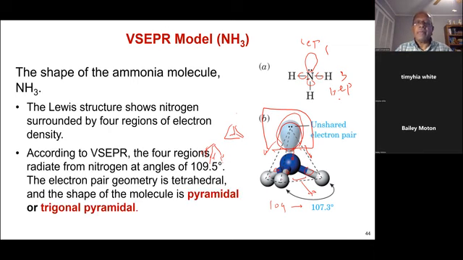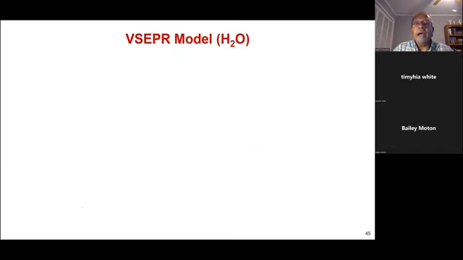Even though all the electrons are distributed in a tetrahedron, we don't see the lone pair, the unshared electron pair. Therefore, molecular shape is pyramidal or trigonal pyramid. The base is a triangle here. There could be a square pyramid where the base is 4. This base is 3, trigonal. Trigonal means triangular. Ammonia molecule, what's the shape? Pyramidal or trigonal pyramid.